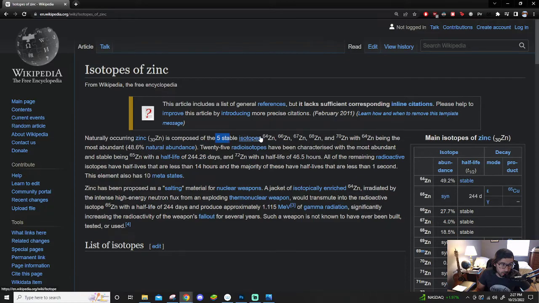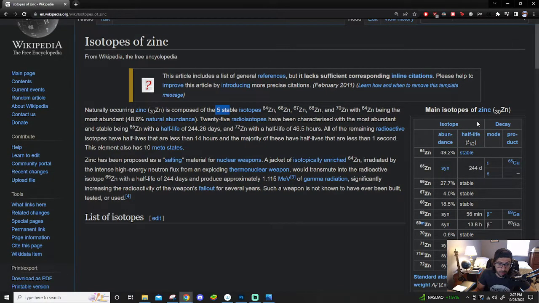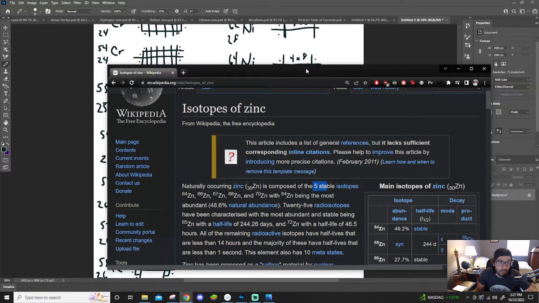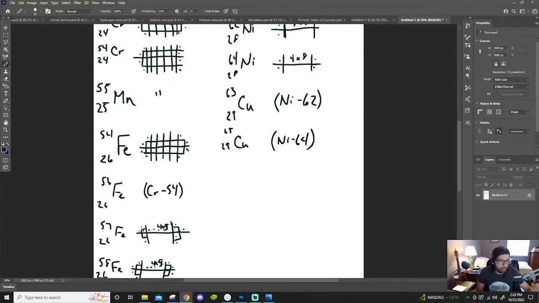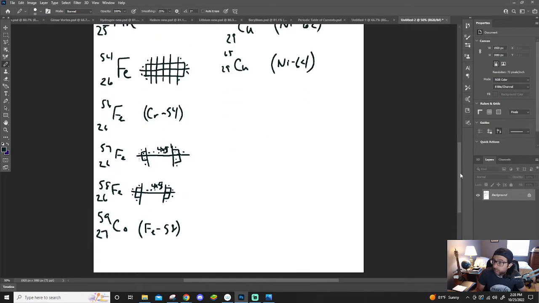Five stable, 64, 66, 67, 68, and 70, with 64 most abundant, but only 50%. 66 and 68 also pretty high abundance. Okay, let's just finish this slide on nickel, or zinc.